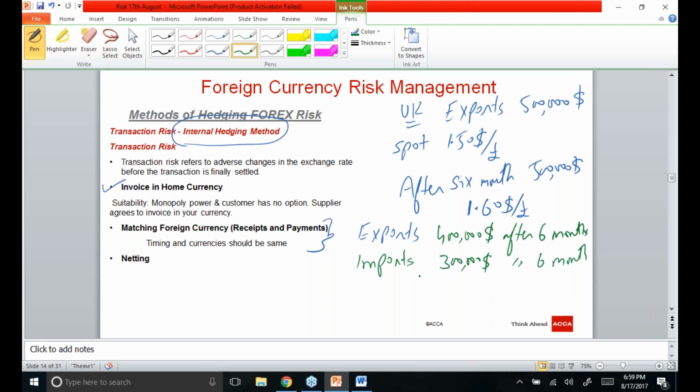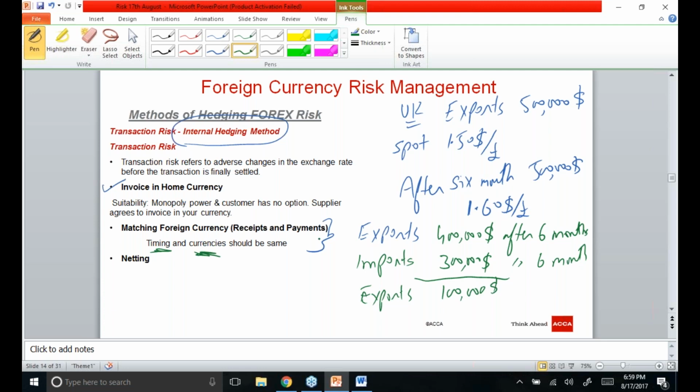In this scenario, you should only care about the difference of these two, because the $300,000 import will be hedged against the $300,000 of exports, because both of these amounts will cancel out each other. The remaining $100,000 of exports will be hedged with the external hedging method. You can only perform matching if currencies and timings are the same. If currencies and timings are the same, then you will apply the matching principle.